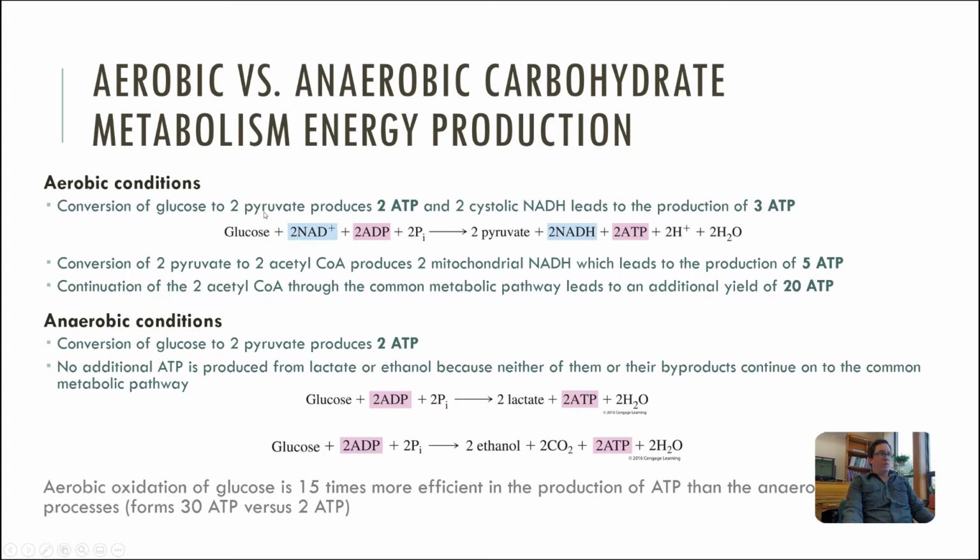So glucose plus O2 is a very high energy yielding reaction. Glucose to lactate or glucose to ethanol is not, and we see that manifest in ATP. So why would you bother doing anaerobic metabolism at all? It has to do with the evolution of organisms on Earth, the fact that we didn't always have oxygen around.